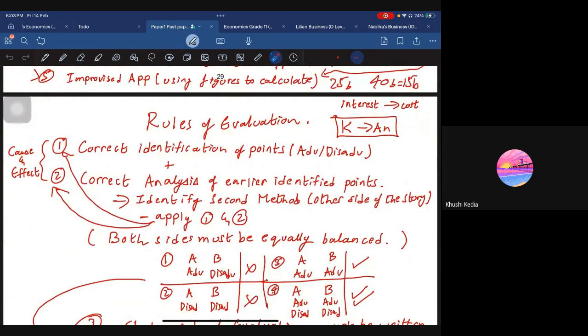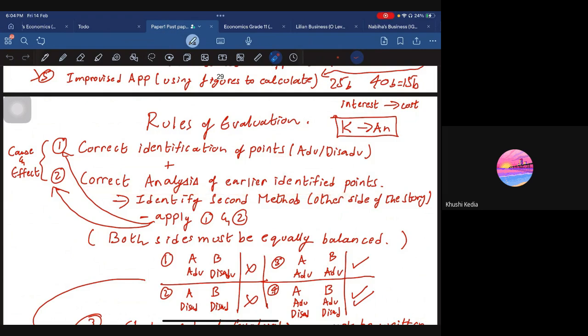Rules of evaluation, very important points here. First thing is that there must be a correct identification of points, the advantages and the disadvantages. So you should be able to correctly identify what the advantages and the disadvantages are. And then you should also be able to correctly analyze the earlier identified points. Why is this important?